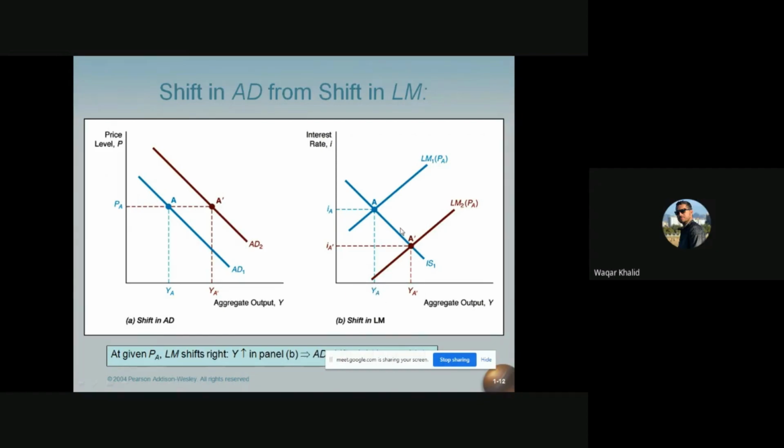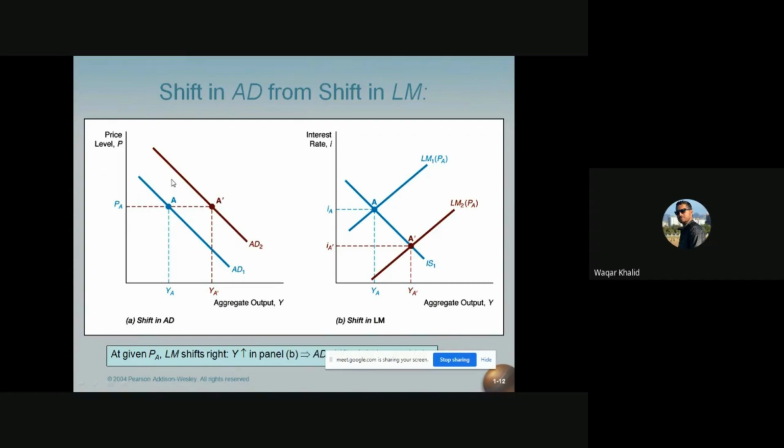But now the money supply has increased, so the LM curve shifts from LM1 to LM2, and now we have the new level of aggregate output YA dash, and we are at point A dash. But what will happen? The aggregate demand curve will also shift to the right.